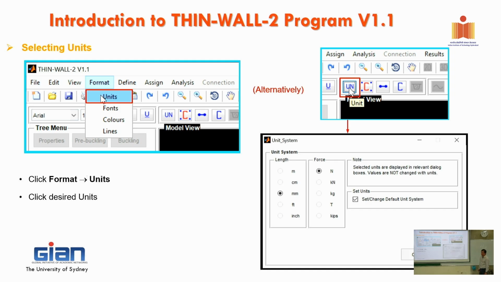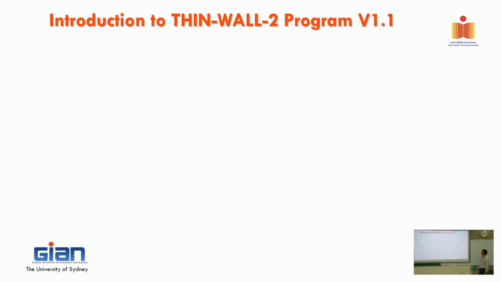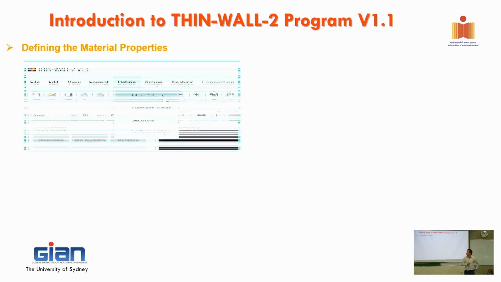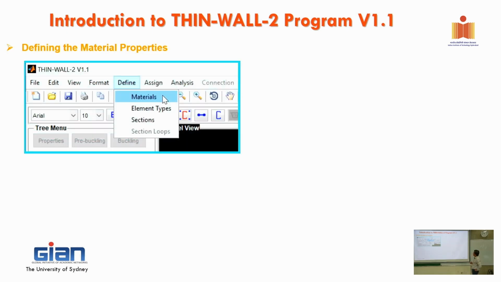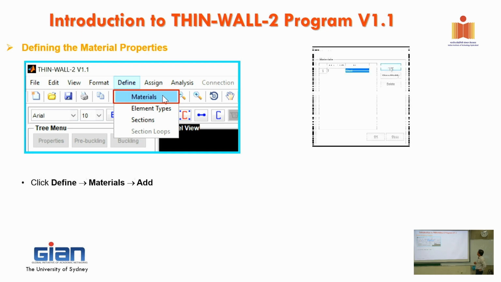So just click whatever you like to use, and then OK. Yep. And the next step, you need to tell THIN-WALL-2 what material you use. So you can click on define and material, click on that, and add. So normally by default, the steel material is available.